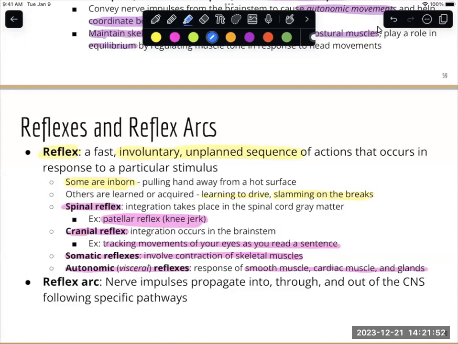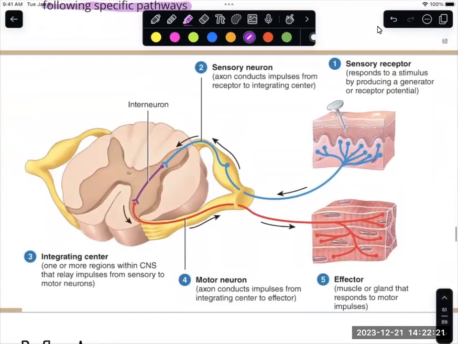So we're going to look at this reflex arc and what is happening along the way. So for a reflex to happen, we have to have this sensory input. So this sensory input goes in through the central nervous system, follows certain pathways, and it's going to provide that motor output.